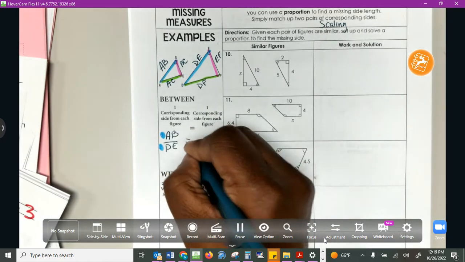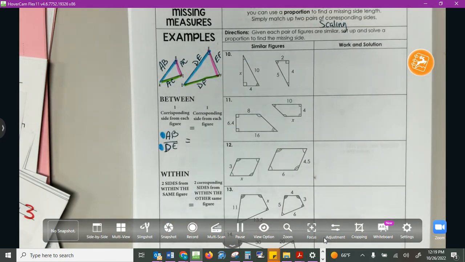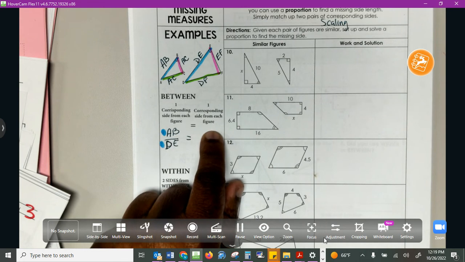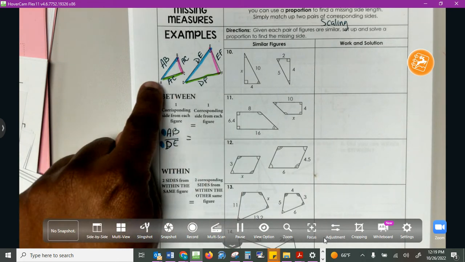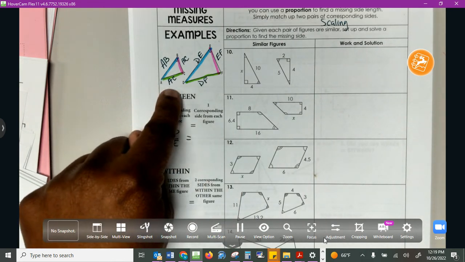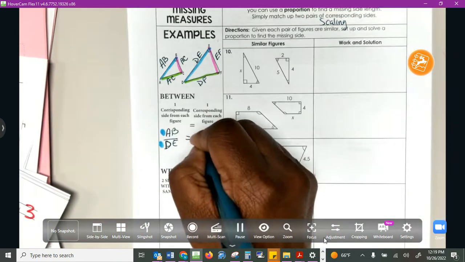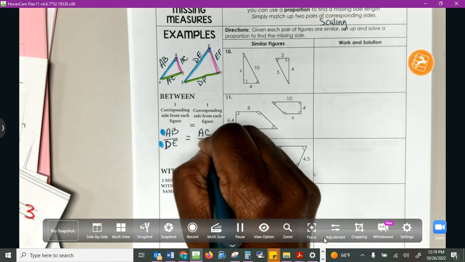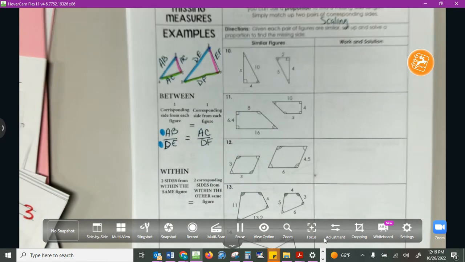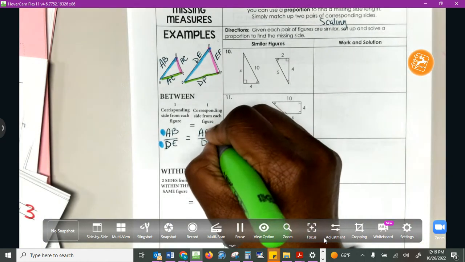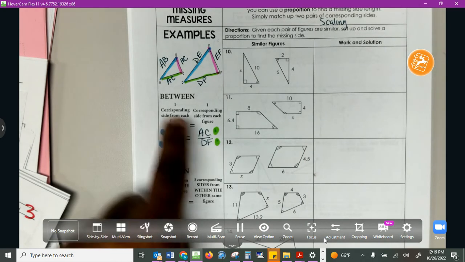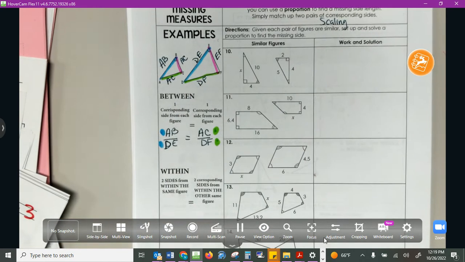And I can set that equal to one corresponding side from each figure. So I can say AC over DF, which are the green. Now, in reality, if you wanted to use pink, you can use pink as well if you wanted to.